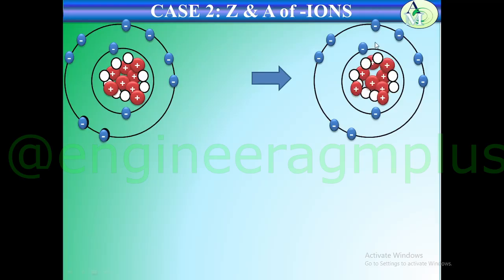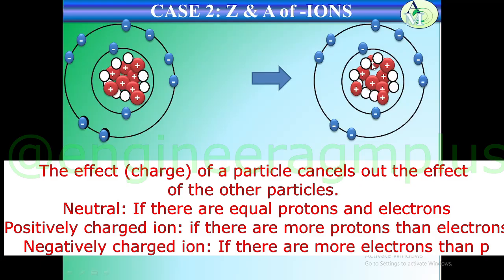Now the number of electrons here becomes what? 1, 2, 3, 4, 5, 6, 7, 8, 9, 10. We have 10 electrons, right? And we have how many protons? Protons do not change. It remains the same, even if it receives or loses electrons. So now what happens? If the charges fight against one another, we have how many protons? 1, 2, 3, 4, 5, 6, 7, 8, right?